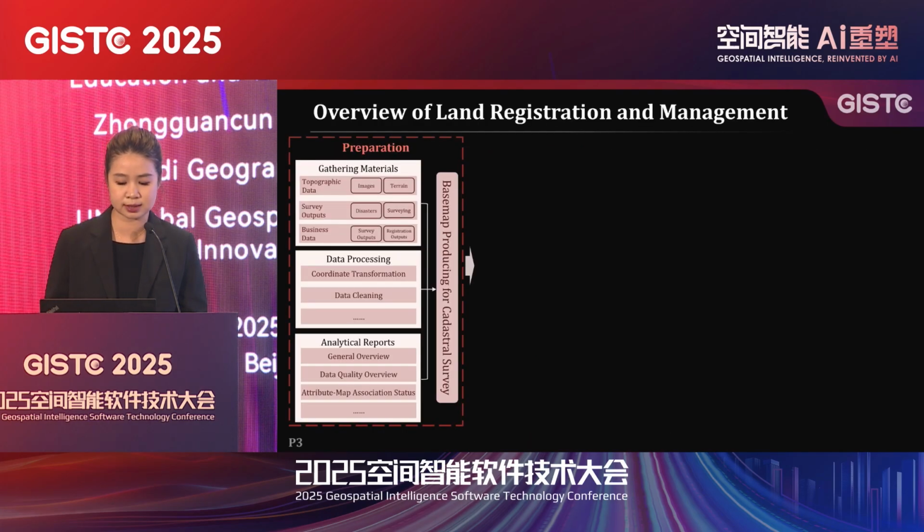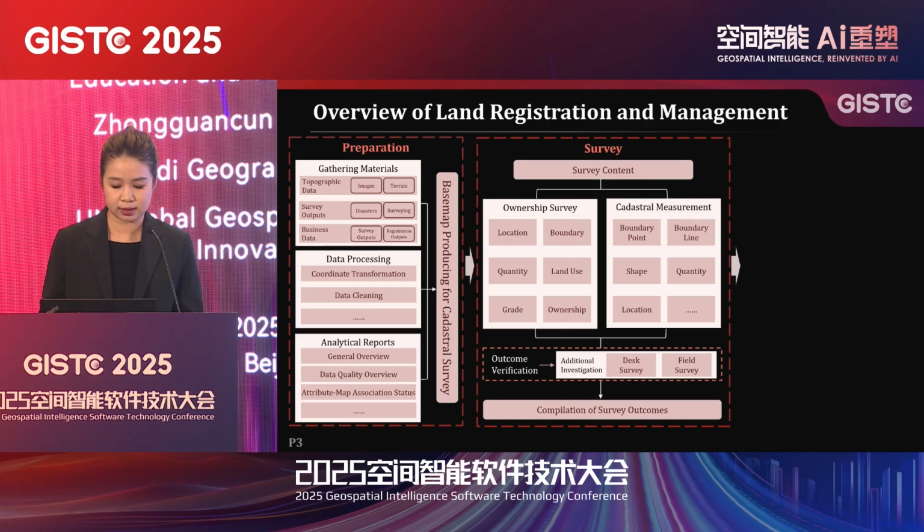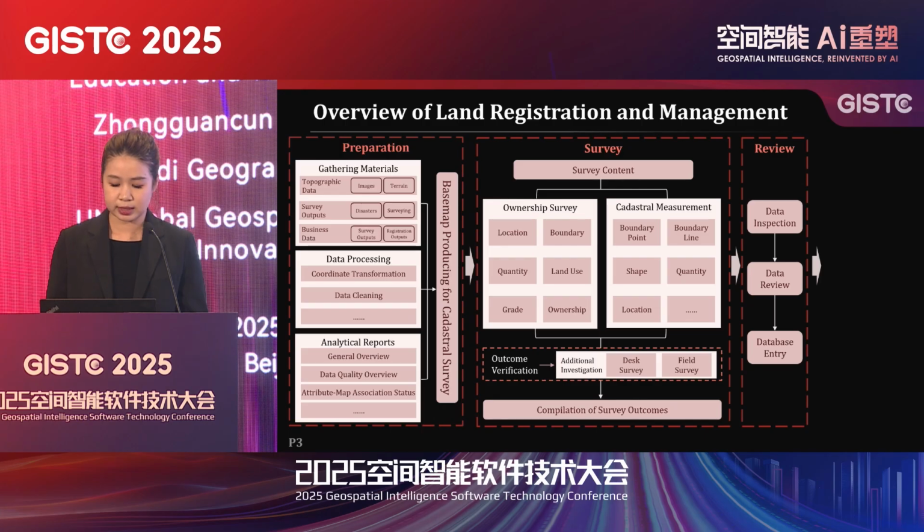The process of land registration isn't simple. It involves many steps and departments. It starts with preparation, such as collecting data, topographic maps, and imagery. Then comes surveying, capturing accurate measurements of land parcels. Next is data review, inspecting the data, ensuring the process meets the quality and legal standards.